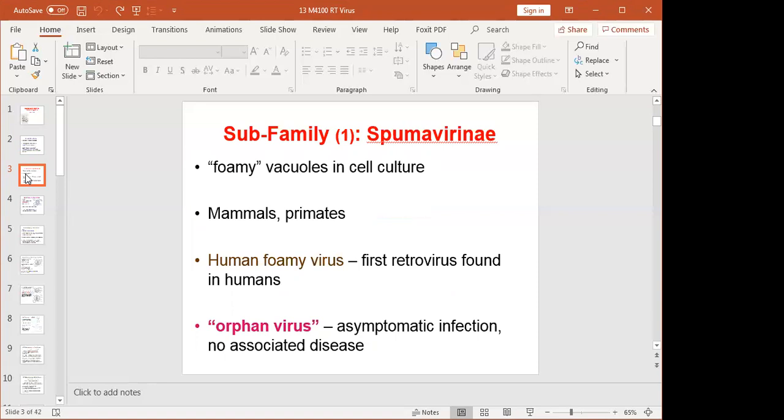They use mammals and primates as their host, and human foamy virus was the first retrovirus found in human beings. Spumavirinae are orphan viruses, meaning that they cause asymptomatic infection, and the infection is not associated with any particular disease.